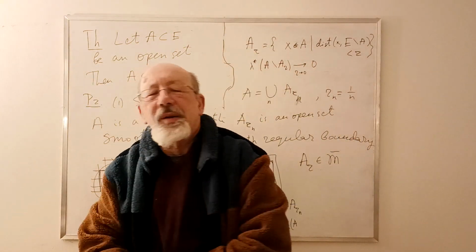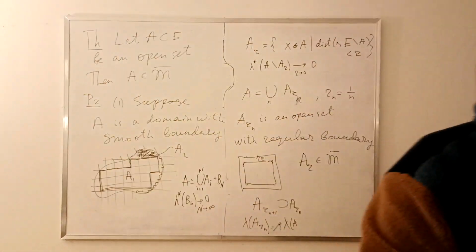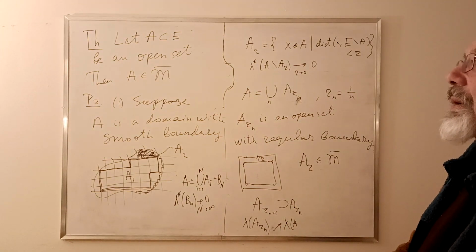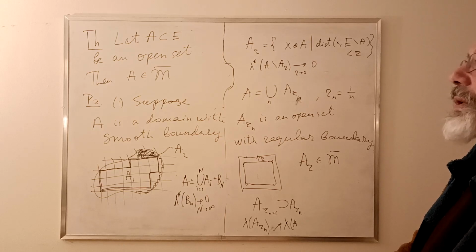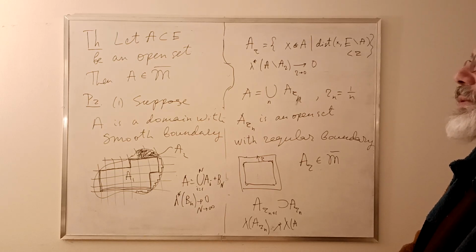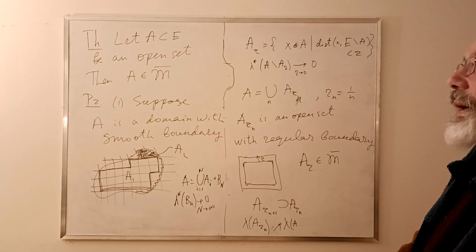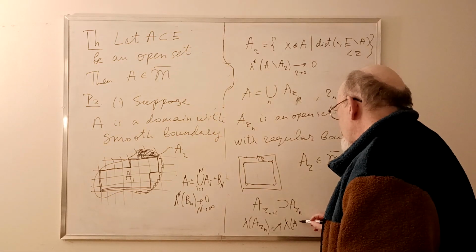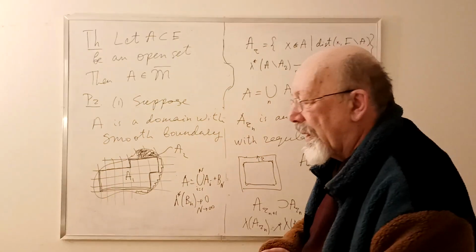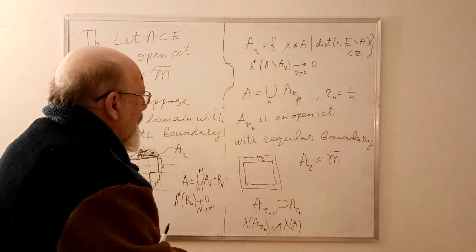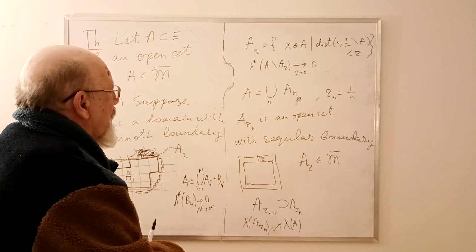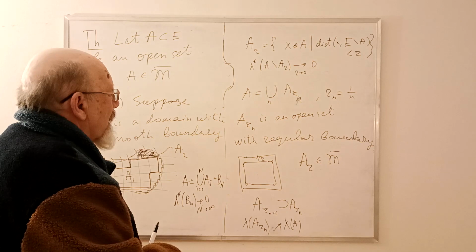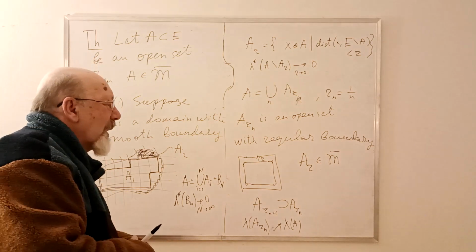So the moral is that any open set can be decomposed into a countable union of squares or rectangles. Yes, so it is true. Maybe it can also be left as an exercise.